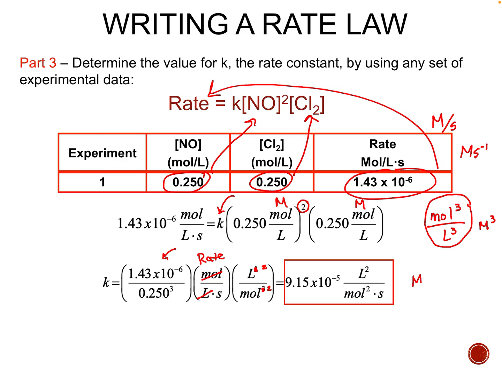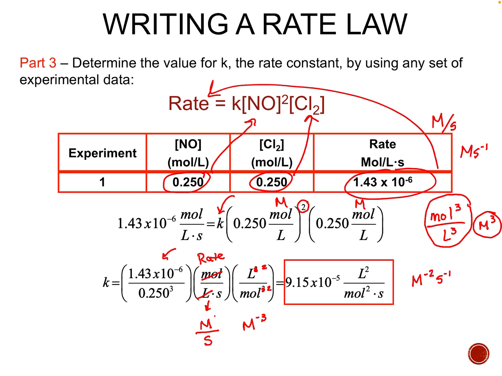You also could have written it as molarity to the -2, s to the -1. If you were to use this molarity cubed, all of this would be the same, except it would have been molarity per second for the rate unit, and this would have been molarity to the -3.